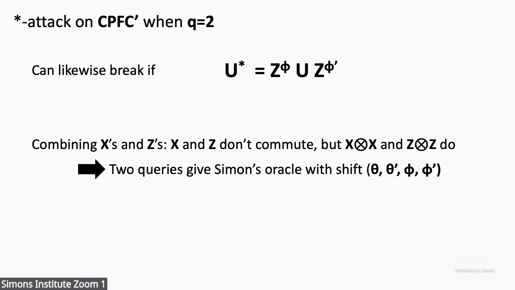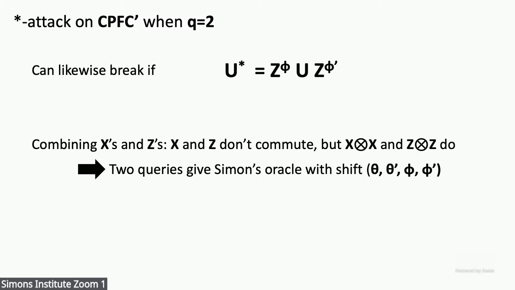You have to be a little careful because X's and Z's don't commute. So strictly speaking, if I have the full thing where I have X to the theta Z to the phi, it's not strictly speaking an instance of Simon's oracle because the X's and Z's don't commute. So I'm not exactly just shifting. However, even though X's and Z's don't commute, the tensor with themselves does, right?